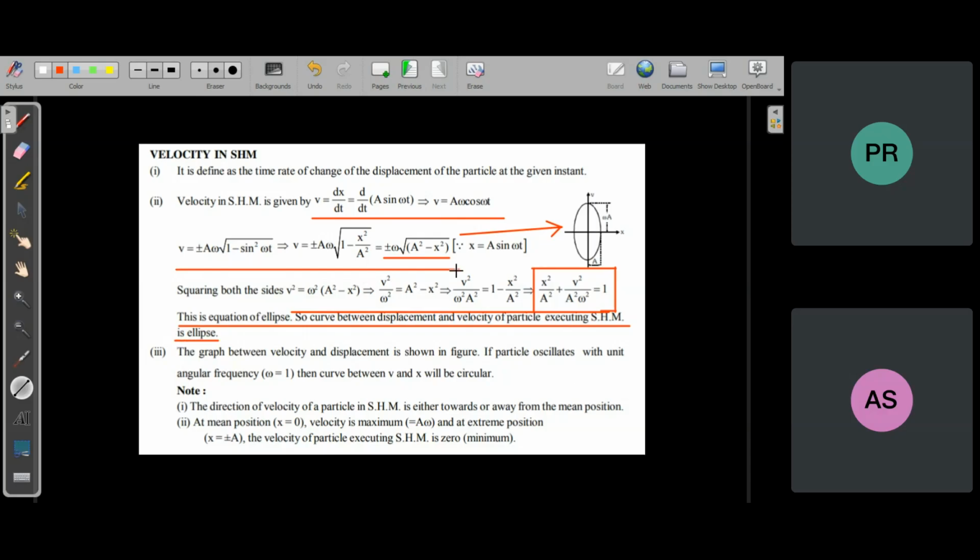This is important for graphical questions. Many a time they can plot a graph between velocity and displacement. You have to understand it will be elliptical of this shape. Look at the equation. You can also derive the equation. From the equation, you can find the minor axis and major axis.